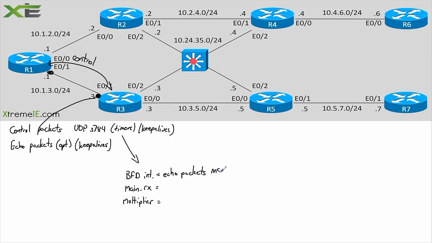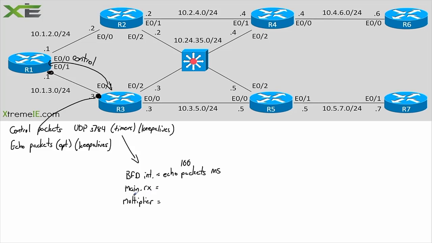Now this one here is in milliseconds, which means I'm going to basically tell R3 and R1, hey, I want you to send out these echo packets, which I'll get to next, every, let's say, 100 milliseconds. Okay, now I have my min receive. What this min receive is, is how often I am prepared to receive a packet from you.